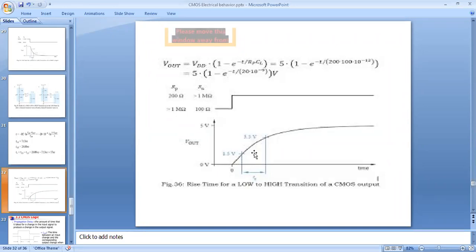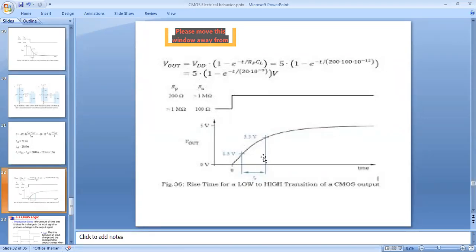The time required to change from low state to high state is considered as rise time. Therefore, we consider 30% of V to 70% of V, which is 1.5 V to 3.5 V. The time between these two points is considered as rise time TR.